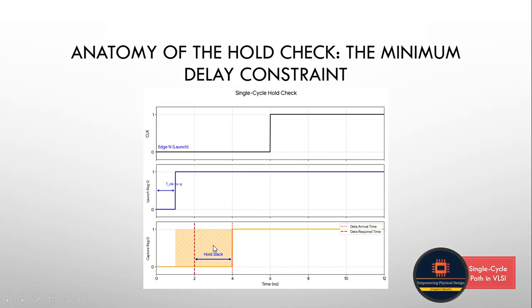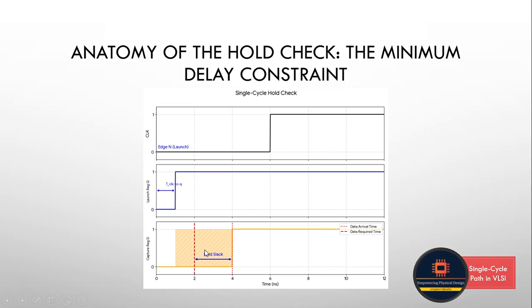Hold slack will be negative only if it is here. Data must be here for some time so that it gets time to be captured. That requirement is marked here. This is the data required time and this is the data arrival time.